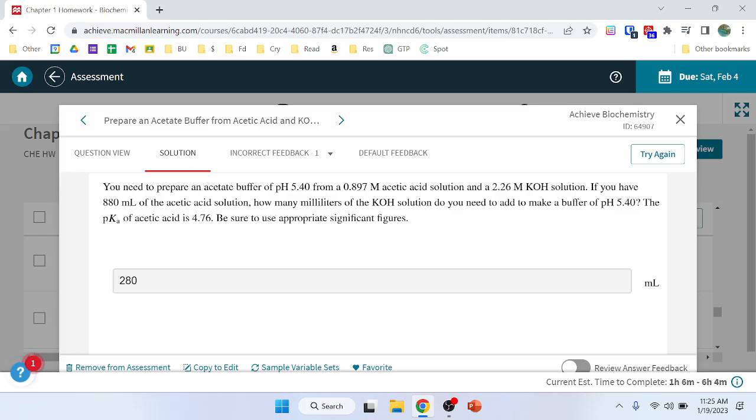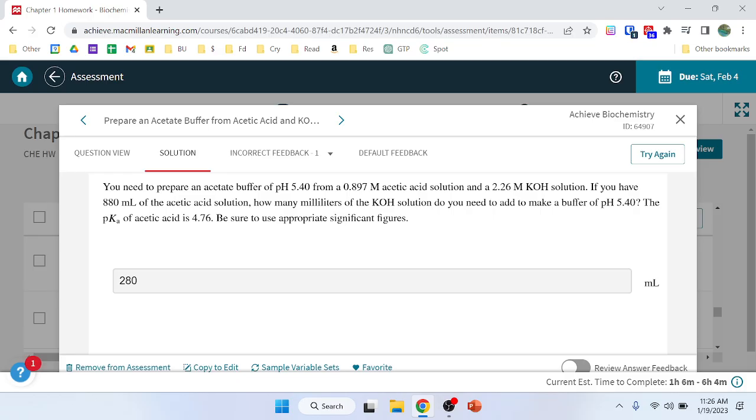Okay. So the Henderson-Hasselbalch tells us that we're going to have some sort of difference here, right? The first thing I would do is take the Henderson-Hasselbalch and solve for my ratio, okay? Because the ratio is going to tell us everything else we need to know. Okay, so what would my ratio be? My pH is 5.4.